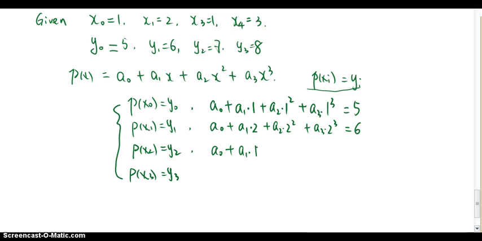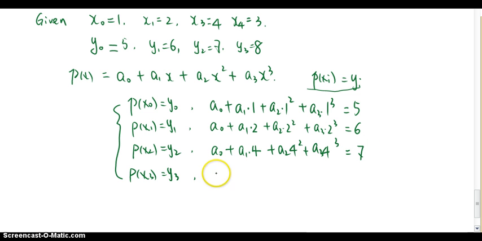Oh, I can't let x3 be 1 because they have to be different. Let's change this number then. I'll let x3 be 4. Okay, good. Then we have a0 plus a1 times 4, plus a2 4 squared plus a3 4 cubed is equal to y of 2, which is 7.